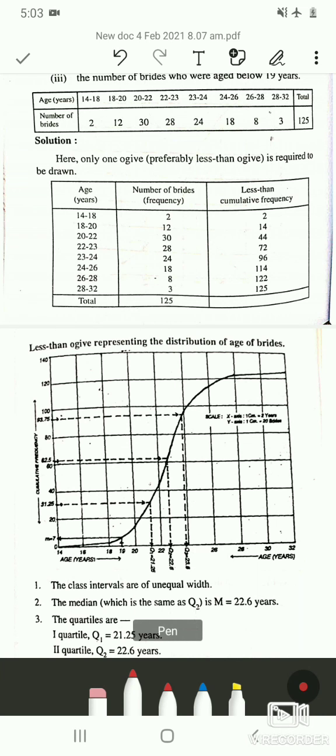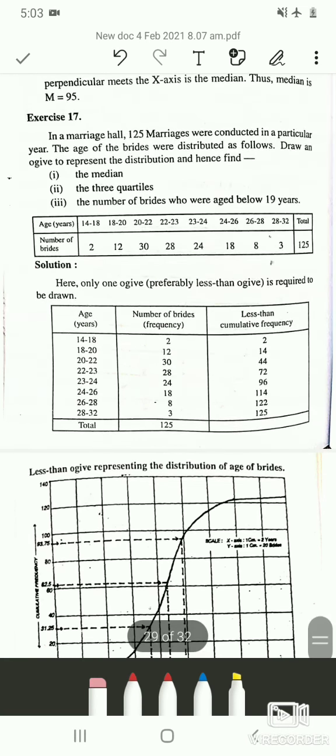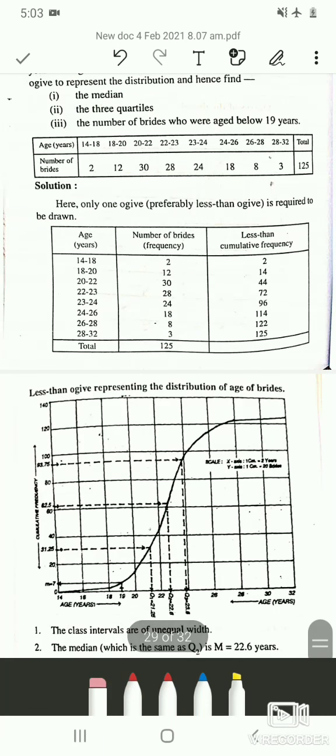With this, the question is to find the median and the 3 quartiles. Among the 3 quartiles, we know the lower quartile, the upper quartile, and the second quartile is nothing but the median. We have studied quartiles in our 3rd chapter, that is partition values. To get the first quartile, first check the value of capital N, which is the total frequency, 125.